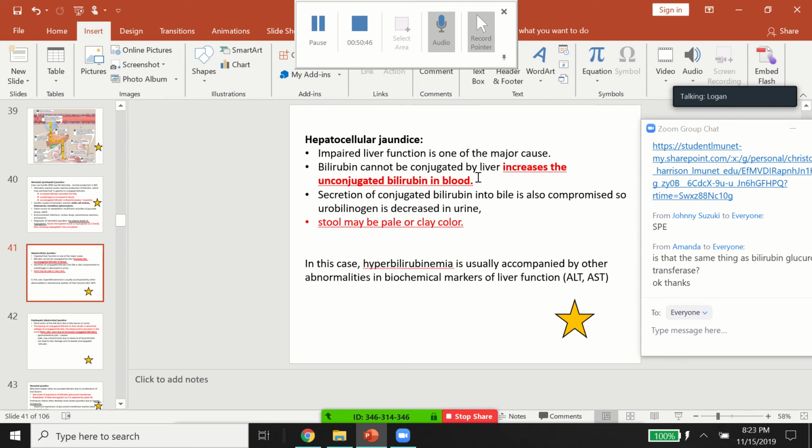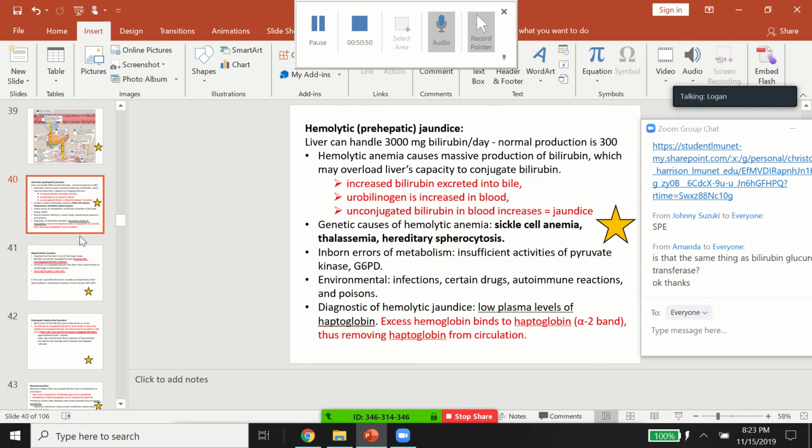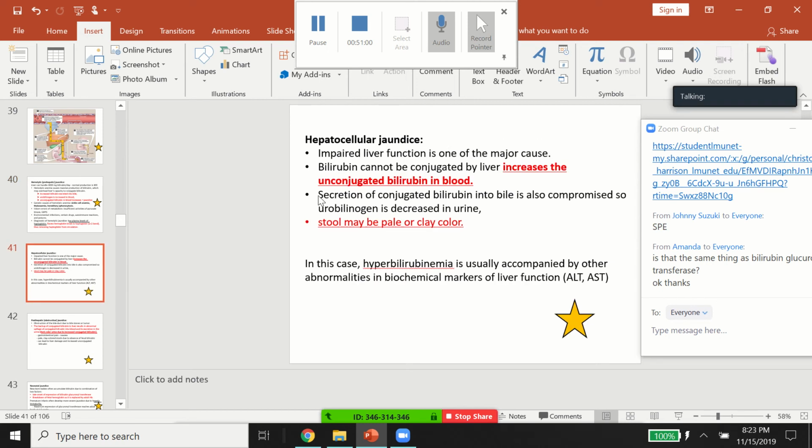Therefore, it does increase unconjugated bilirubin, just like the one we talked about. But if you remember, in that one it's because you get past the liver's capacity to do the conjugation process. In this case, you can't do the conjugation process. So that's the main difference between those two.